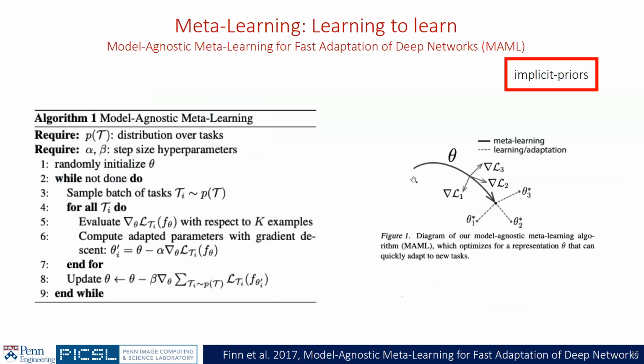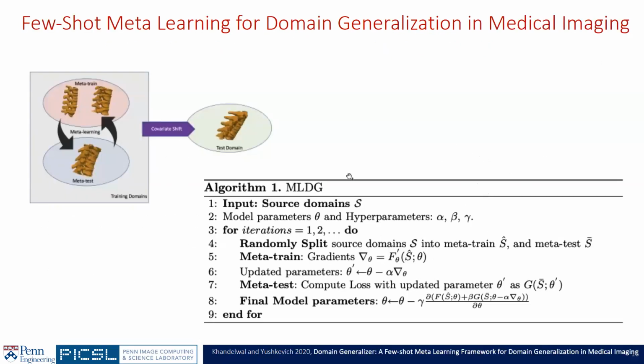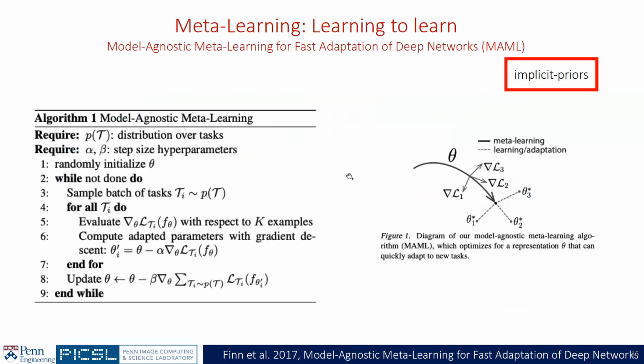The concept comes from this particular paper, the MAML paper, and then the next paper, MLDG, takes that idea and applies it to a classification network. And then we did an empirical study of how this can be helpful in segmentation.